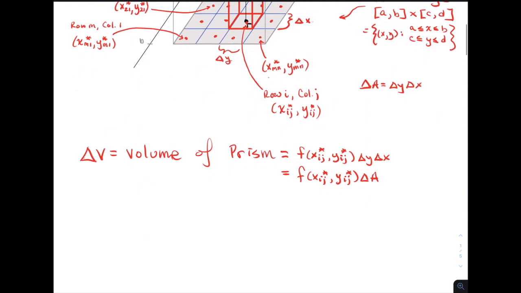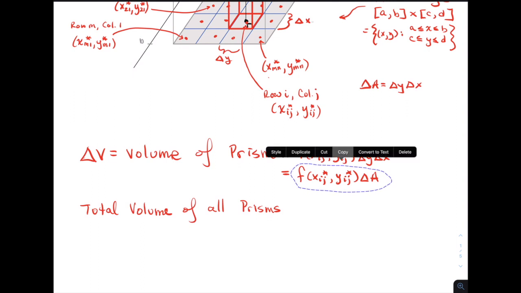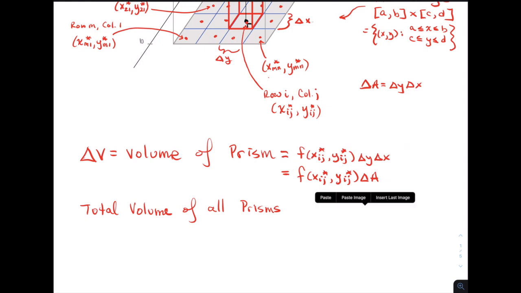If you take the total volume of all prisms, we would just take this quantity here, the volume of one prism, but then let the row and column vary and sum over each row and column.